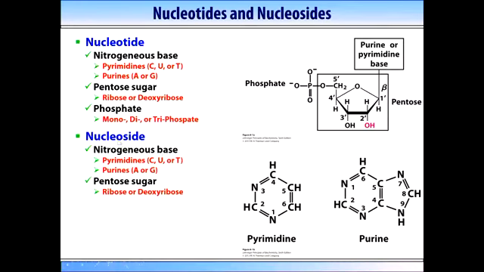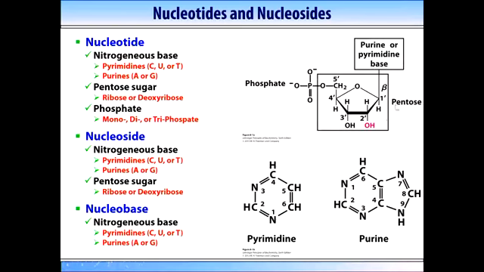So there's just a difference in the ending. A nucleoside is just the nitrogenous base plus the sugar. And finally, there could be just the portion of the nucleoside which comprises only the nucleobase.